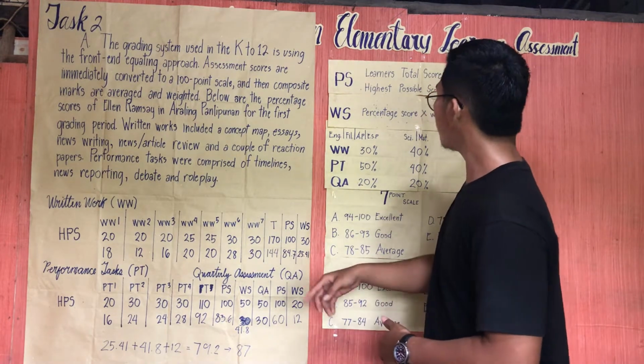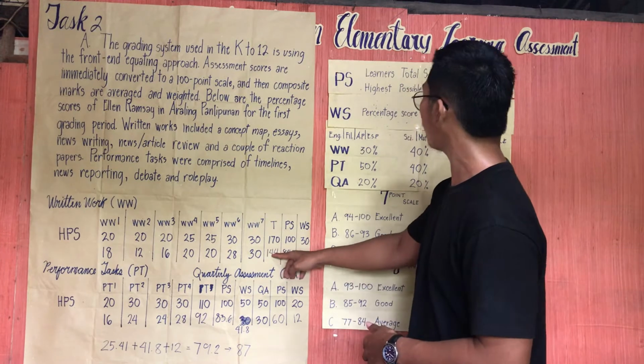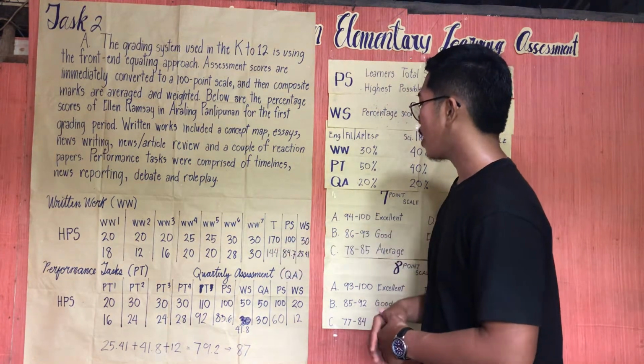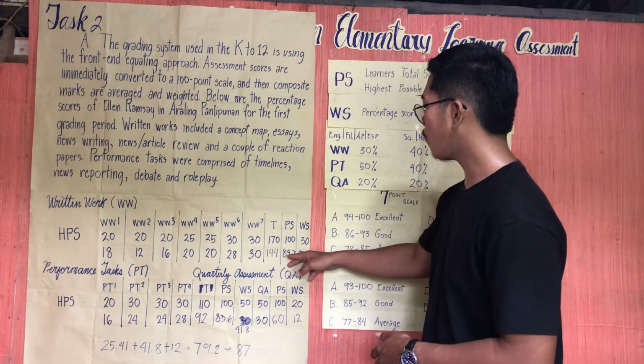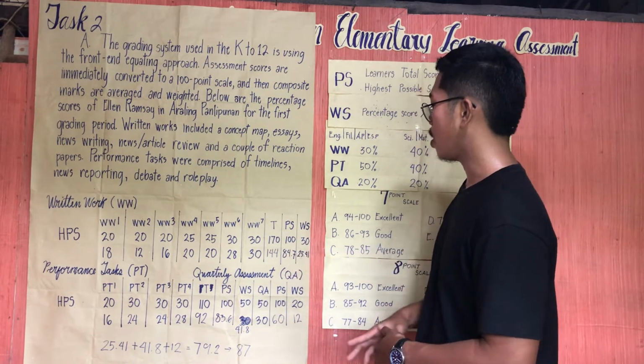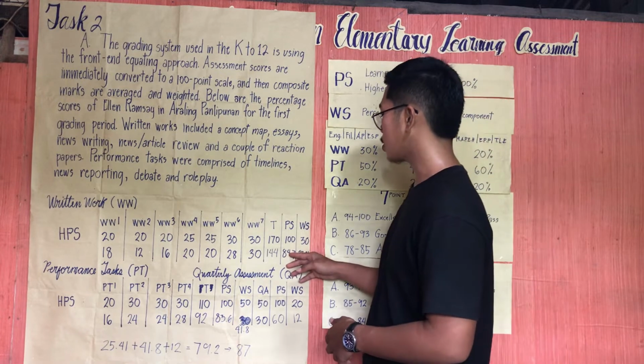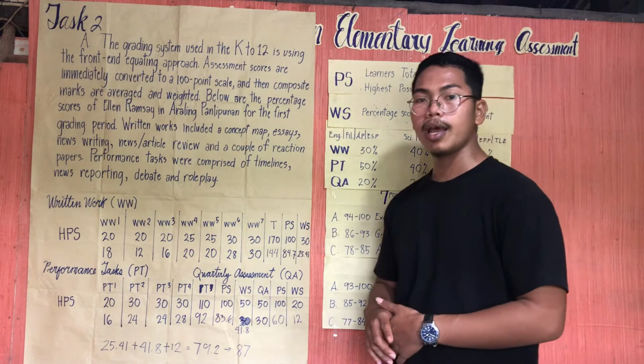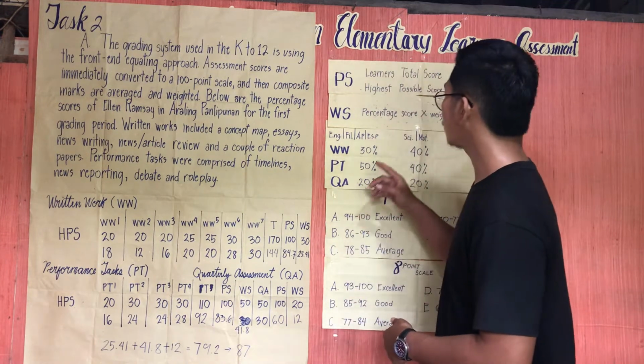So the learner's total score is 144 over the highest possible score, 170, and we get 84.7. And since we have the percentage score, we can now find the weighted score.